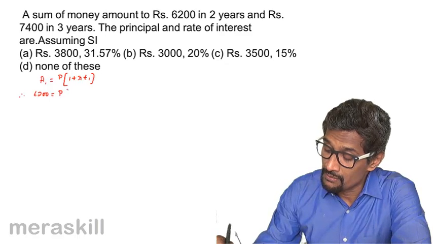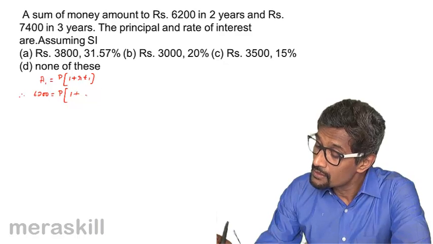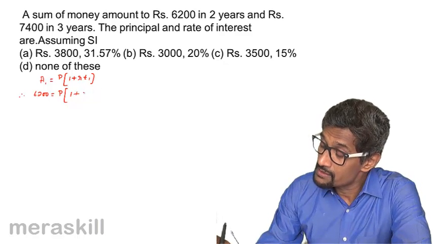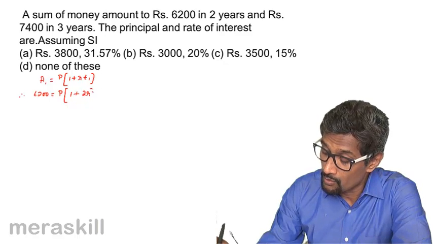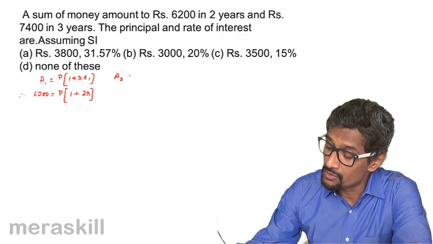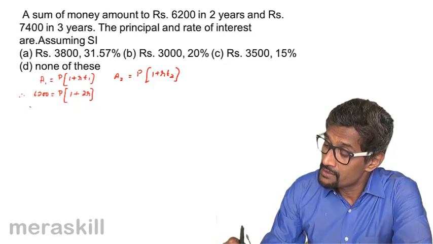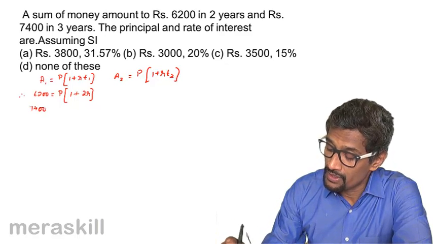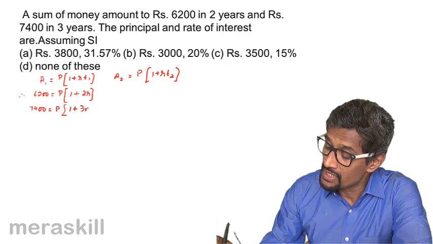We do not know what the sum is or what R is, so it's going to be 2R. And the other equation is A2 is equal to P into 1 plus R T2. And hence we get A2 as 7,400 is equal to P into 1 plus 3R.